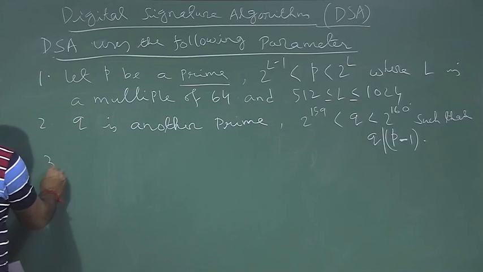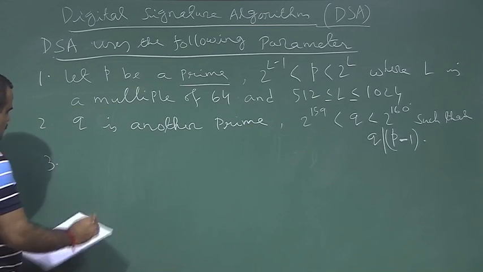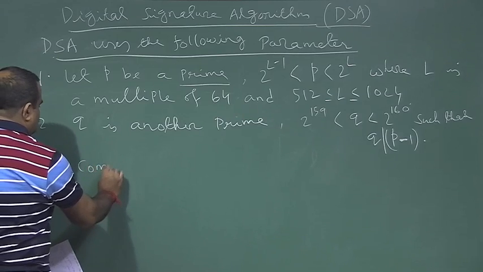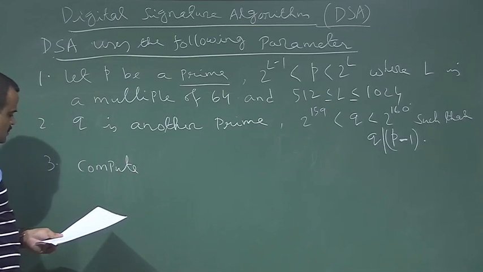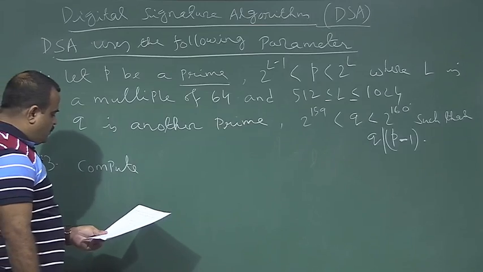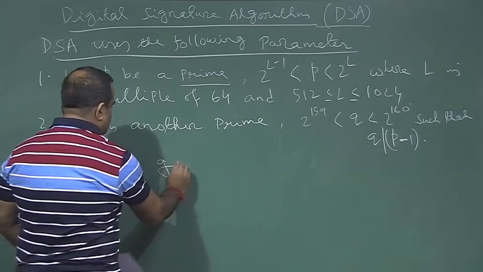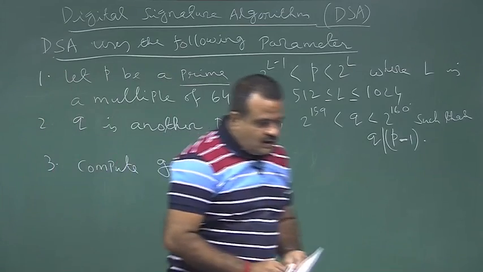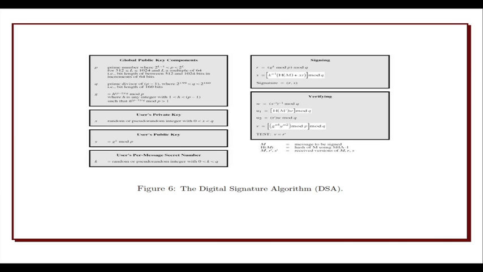Now we choose g. We compute g, which comes from h to the power (p minus 1) by q, because q divides p minus 1, so that is an integer.